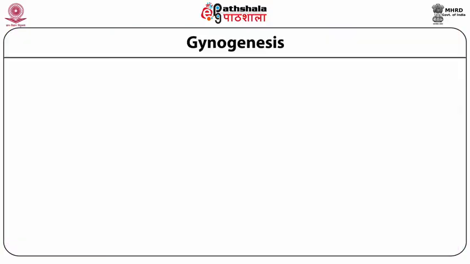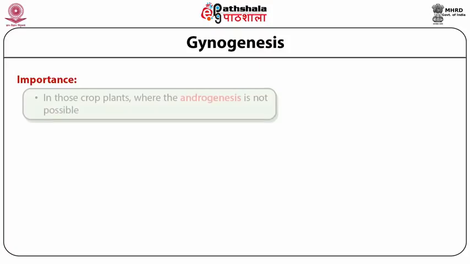And we'll talk about the overall advantages and applications of haploids. Therefore, gynogenesis becomes very important in those crop plants where androgenesis is not possible or is fraught with problems.